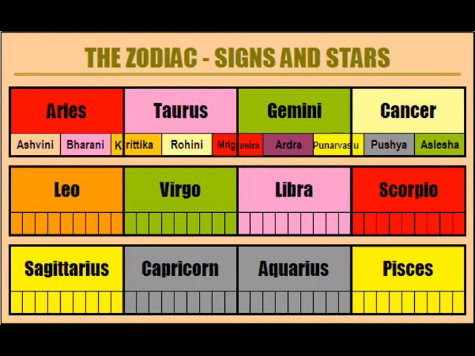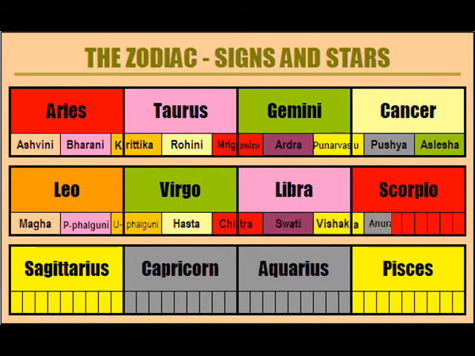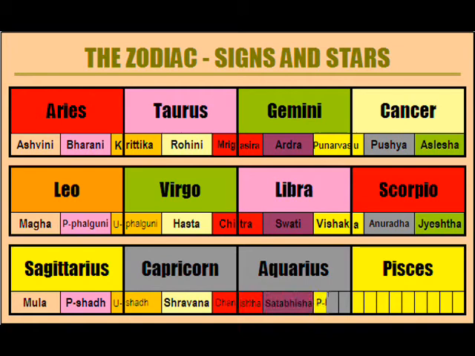and then we have the nakshatra Magha, Purva Palguni, Uttara Palguni, Hasta, Chitra, Swati, Vishaga, Anuradha, Jyestha, Moola, Purvashada, Uttarashada, Sharavana, Dhanishta, Sathabhisha, Purvabhadra, Uttarabhadra, and finally the nakshatra Revati.